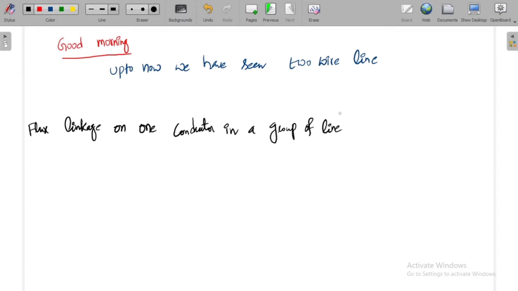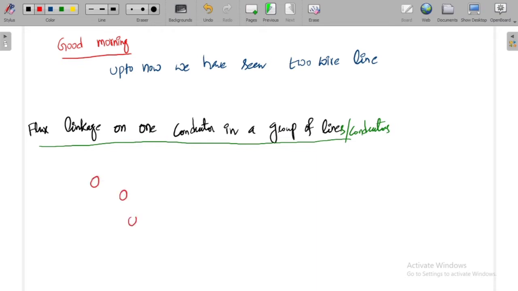So, I want to discuss today the topic. The title of the topic is flux linkage on one conductor in a group of lines or conductors. Here I am considering that in a region there are different conductors.